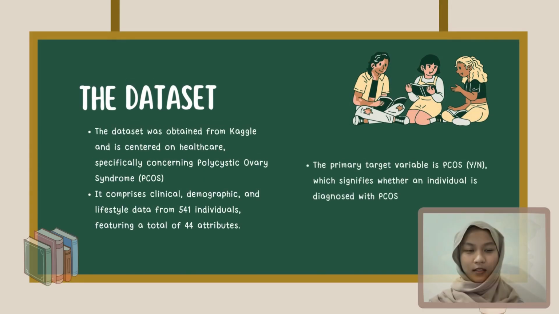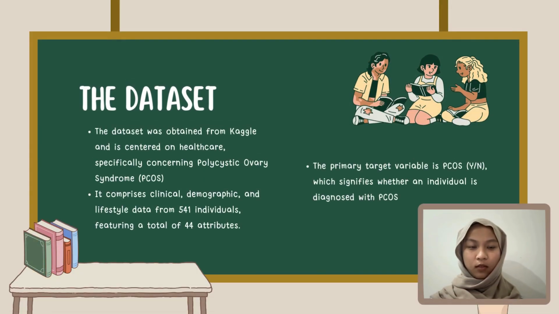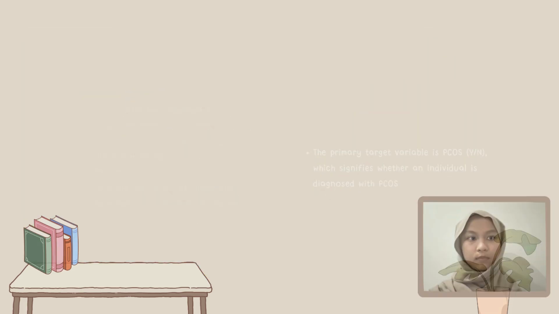The dataset we obtained from the Kaggle online repository, and it comprises clinical and demographic, also lifestyle data from 551 individuals, featuring a total of 44 attributes. It is a high-dimensional data, and the primary target variable is PCOS, yes or no. So this data is mainly for predicting whether an individual has PCOS or not.